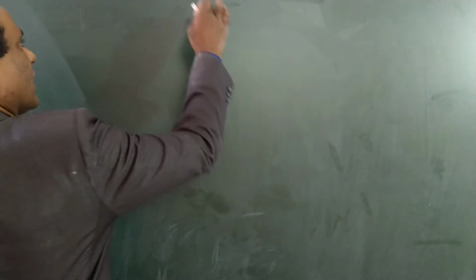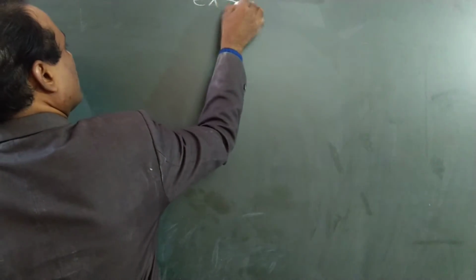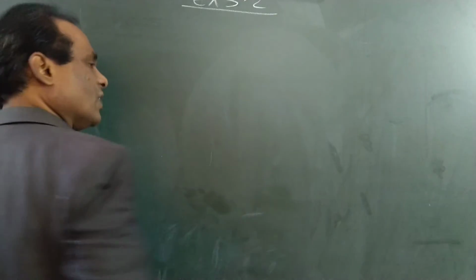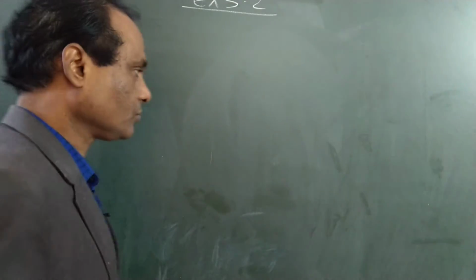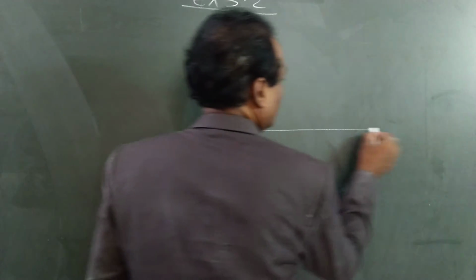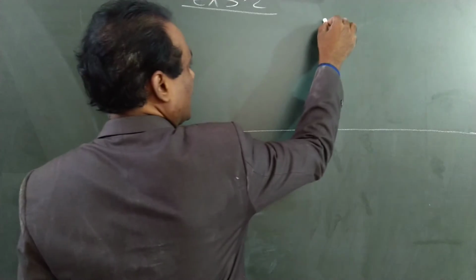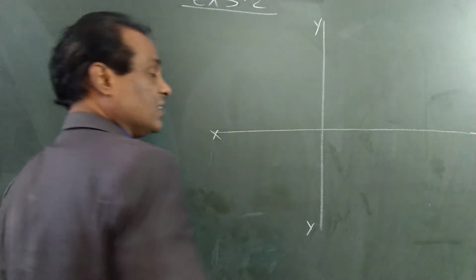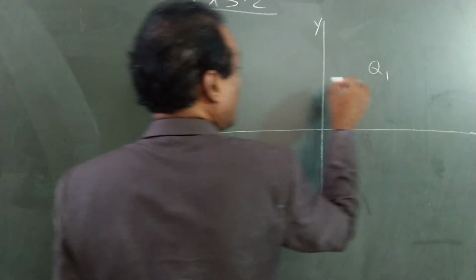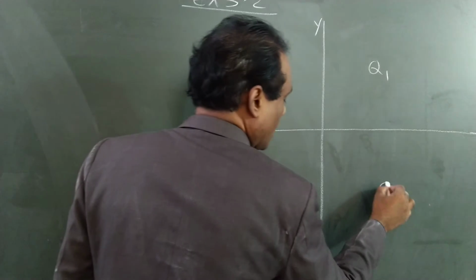Now for exercise 5.2, again I am going to revise some concepts which I explained yesterday. Once again I will revise, and after that we start the problems. See here. The horizontal reference line is the x-axis and the vertical reference line is the y-axis. And these are the quadrants: first quadrant, second quadrant, third quadrant, fourth quadrant.